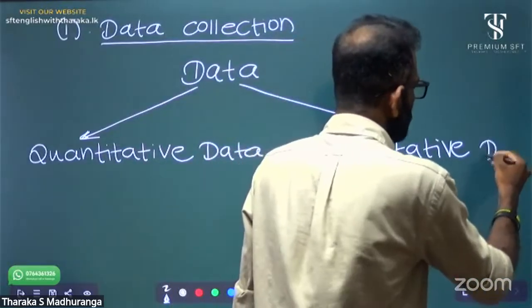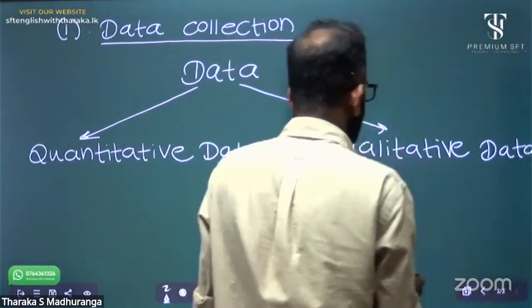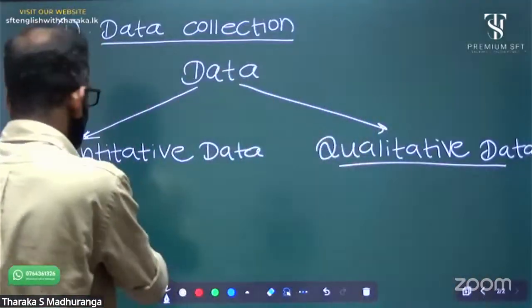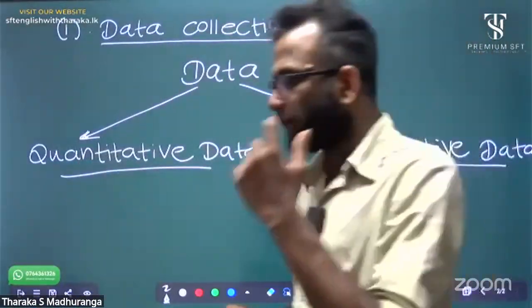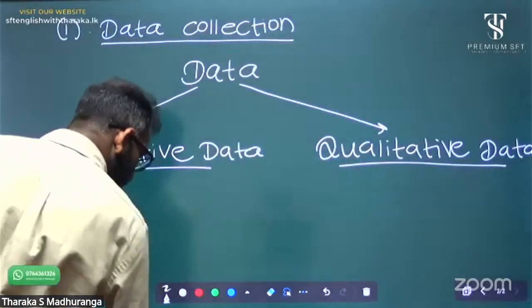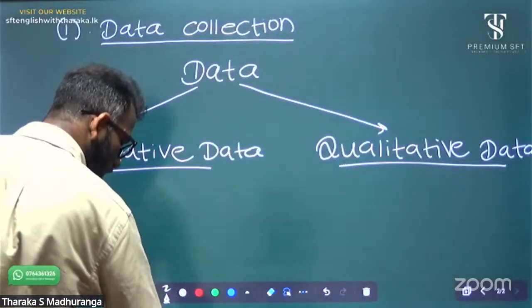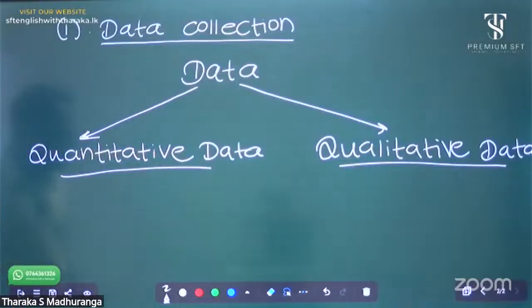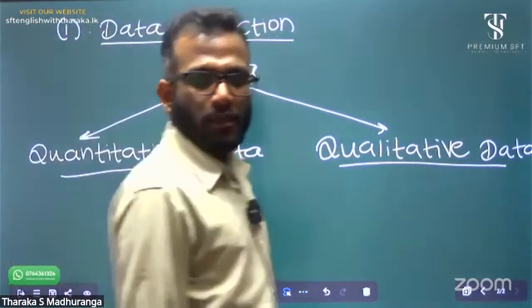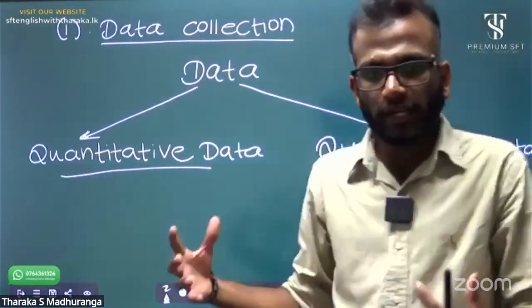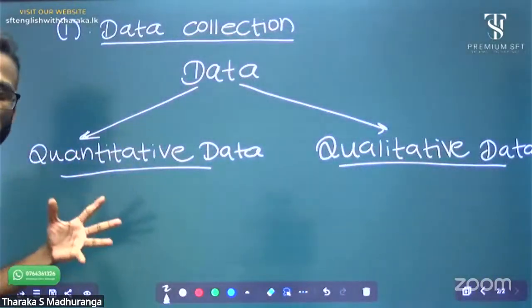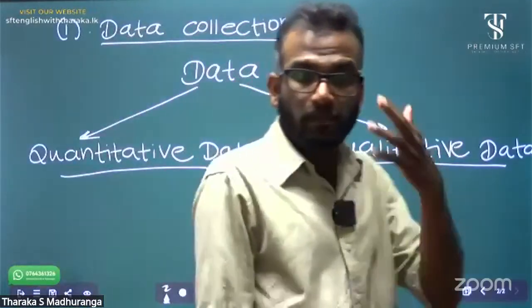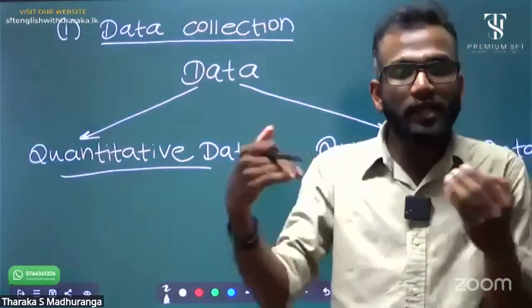Okay, what's the meaning of qualitative and quantitative? What is the difference? Quantitative means numerical numbers. We can get the data as numerical numbers.